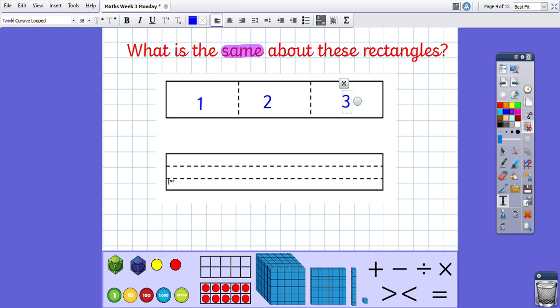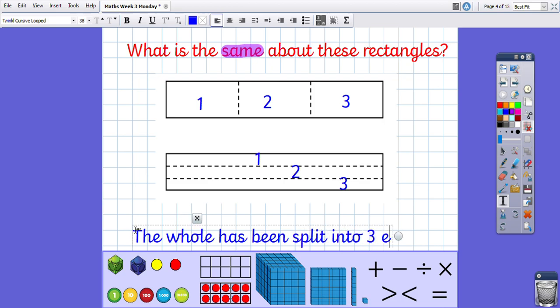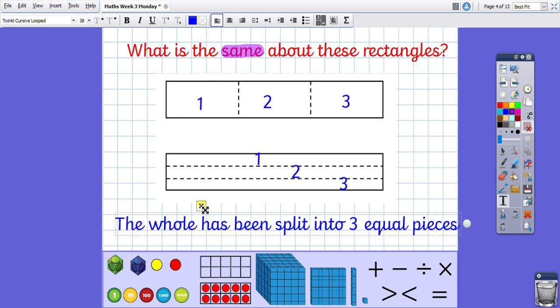And then let's look at the bottom rectangle. It's exactly the same rectangle, but this time it's been split horizontally. And there again are 3 equal pieces. So the thing that is the same is the whole has been split into 3 equal pieces.